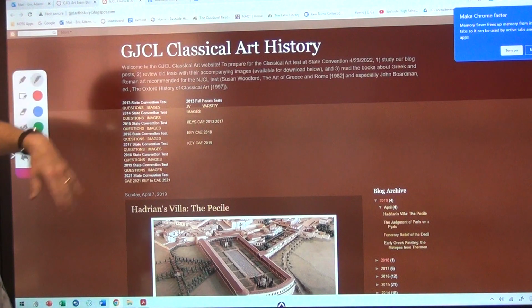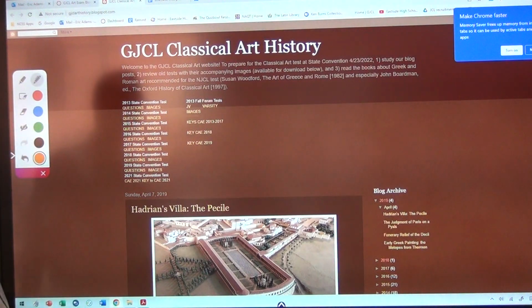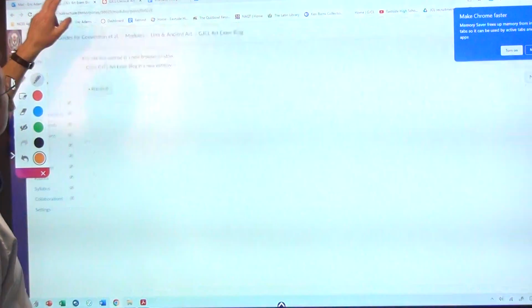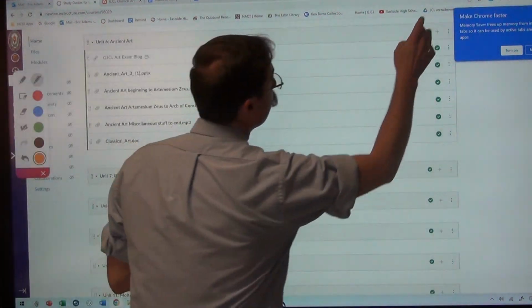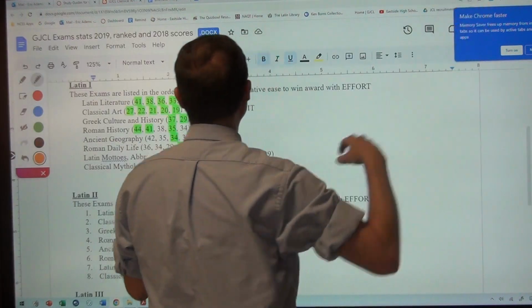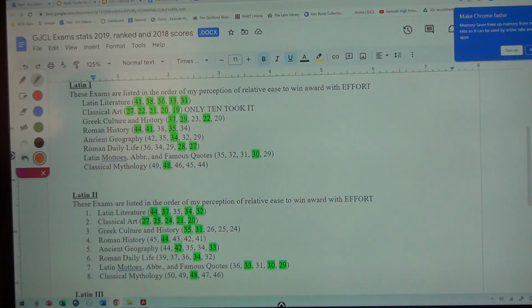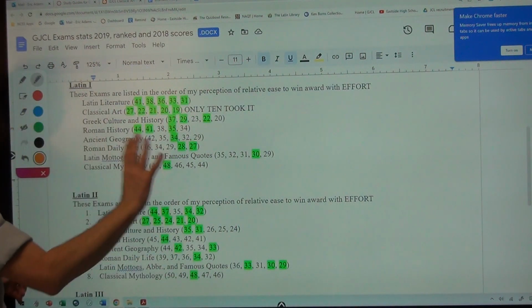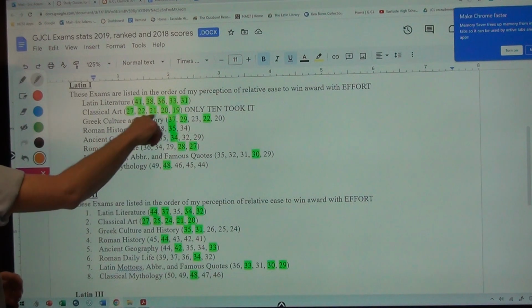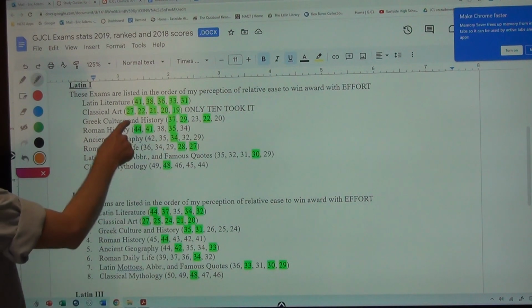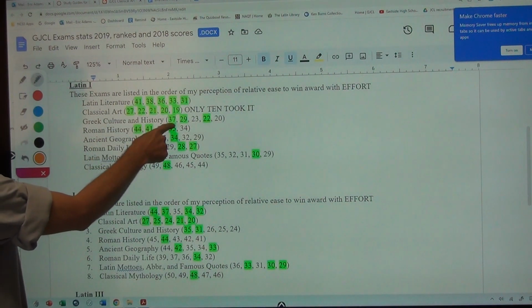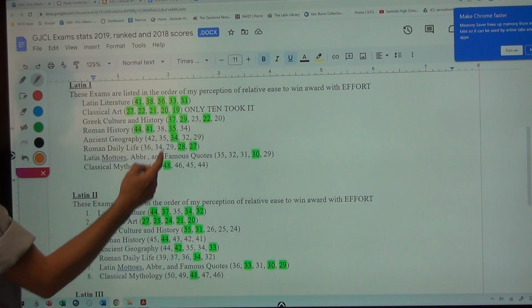I say that the classical art exam is one of the easiest exams on which you can win an award because, one, it's incredibly difficult, therefore not a lot of people take it. Back in 2018, only 10 people took it at level 1. And Eastside swept first place through fifth place. But look at the difference in the scores. The highest score was a 27, as opposed to a 41, 37, 44, 42, 36 out of 50.